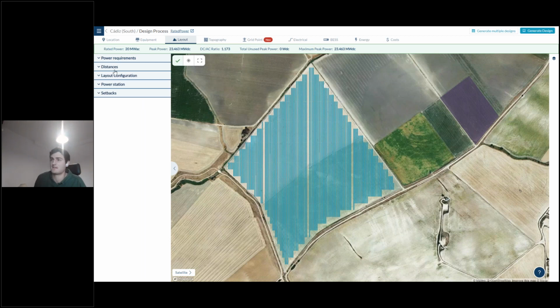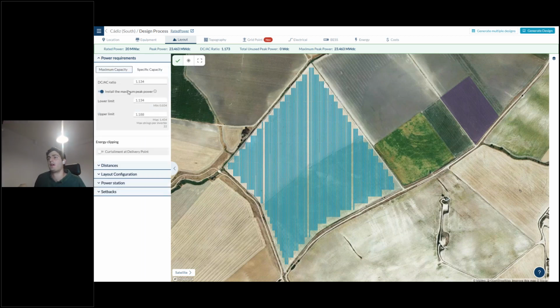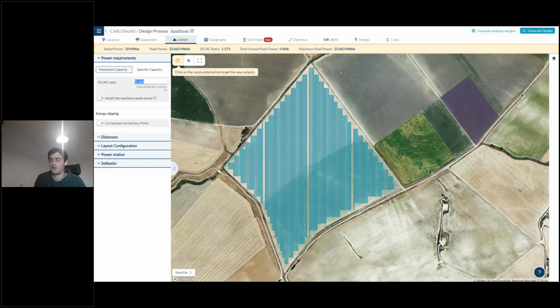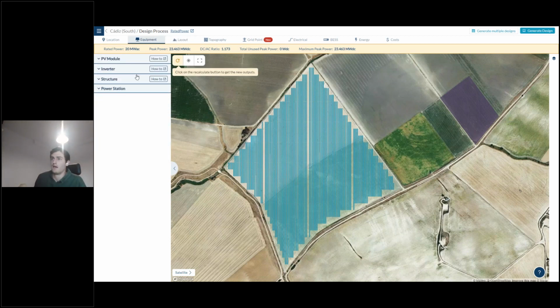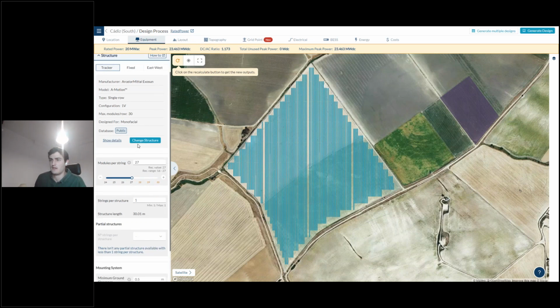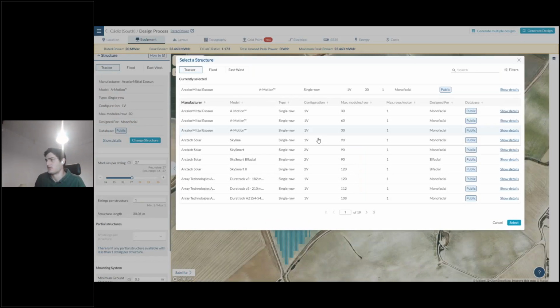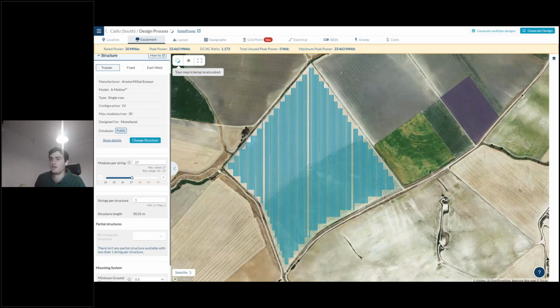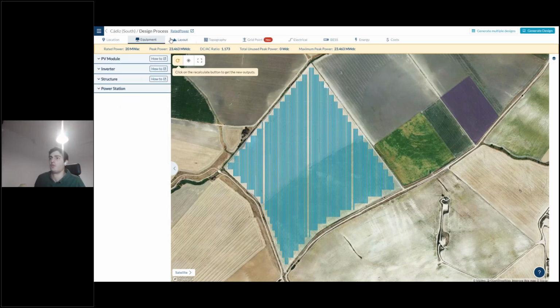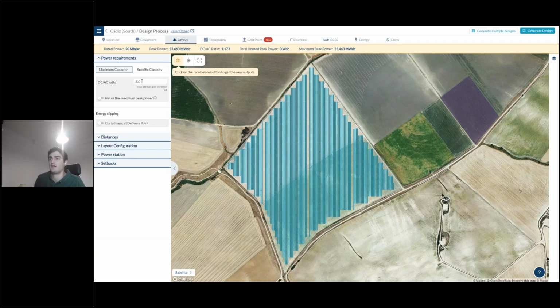Also here, I must say that, for example, if we have that situation with a ratio of 5.0 and we have more than one string per structure, let me change the structure, for example, to 2. We will see that the maximum number of strings that can reach one inverter is too high.